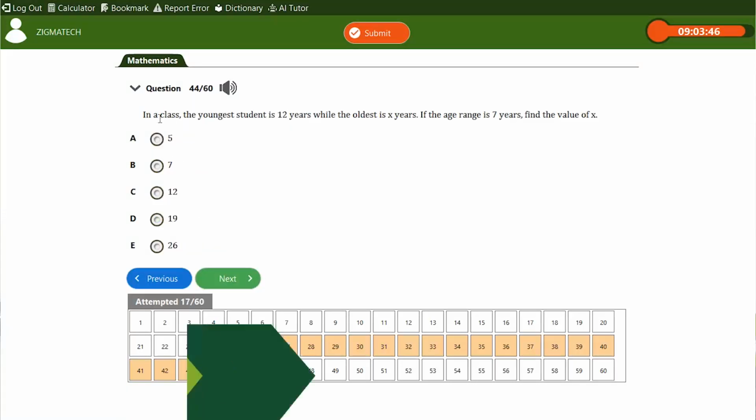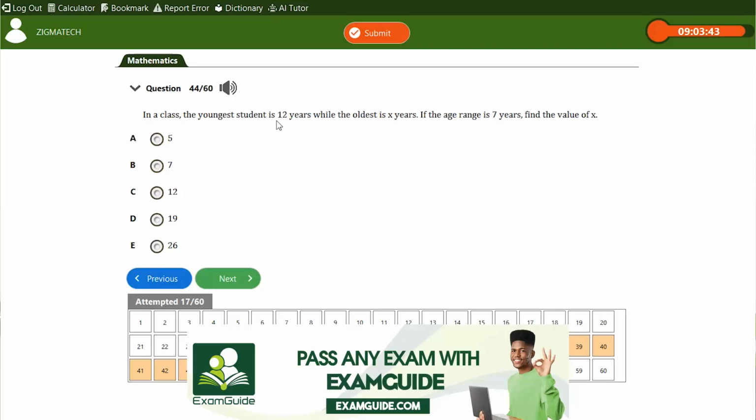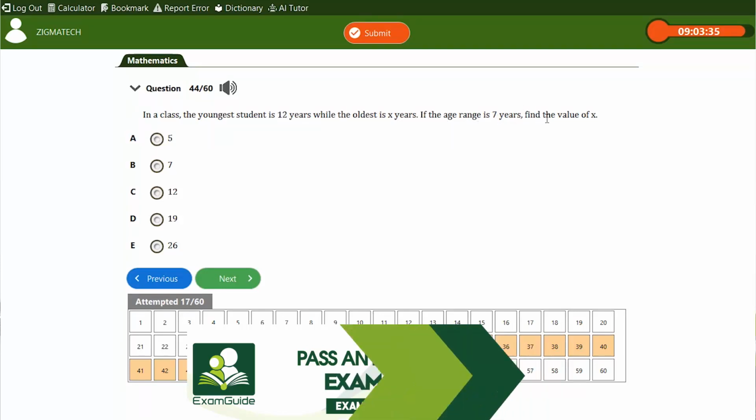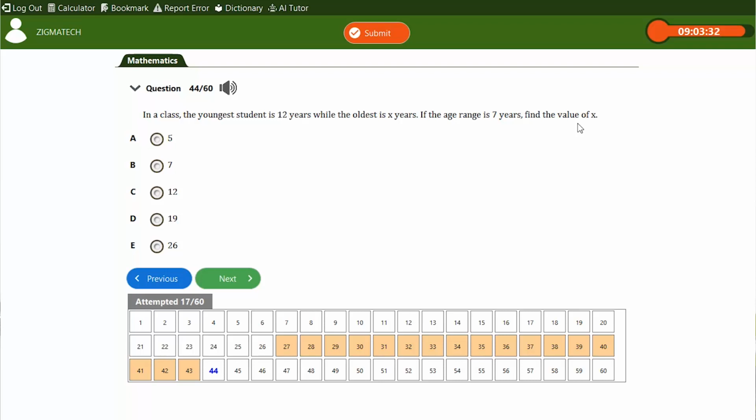In a class, the youngest student is 12 years, while the oldest is X years. If the age range is 7 years, find the value of X. Remember, in calculating range, what is range?